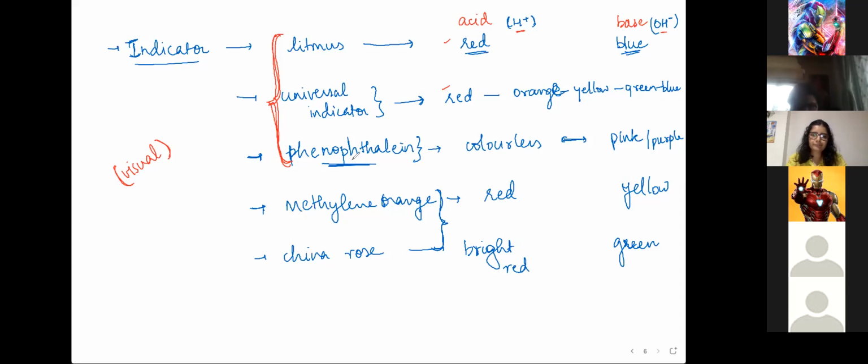For ours, we had to do it on our own. Like I had litmus, and my classmates had China rose extract, then purple cabbage, then turmeric also. So it's household things only they're making you do. Okay. So instead of taking the real practicals, they are asking us questions in exams for that.